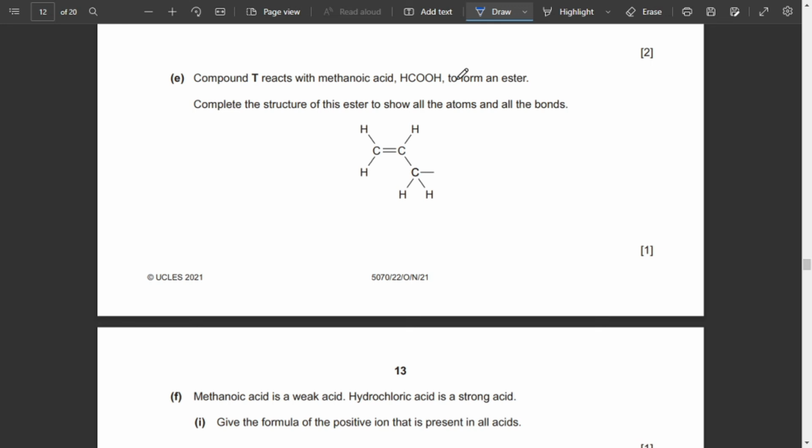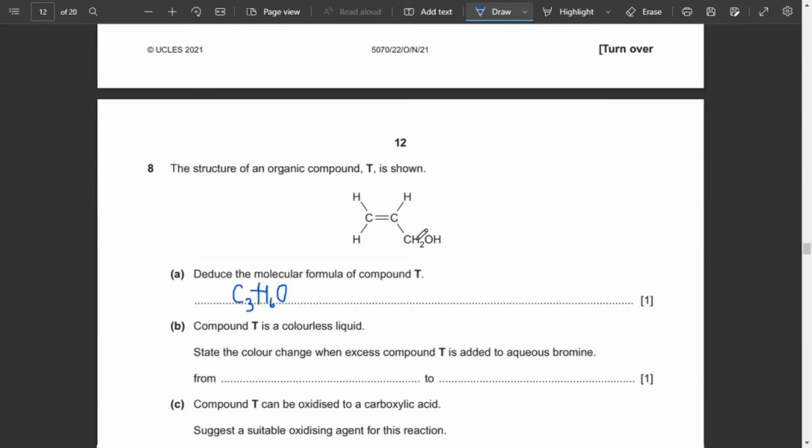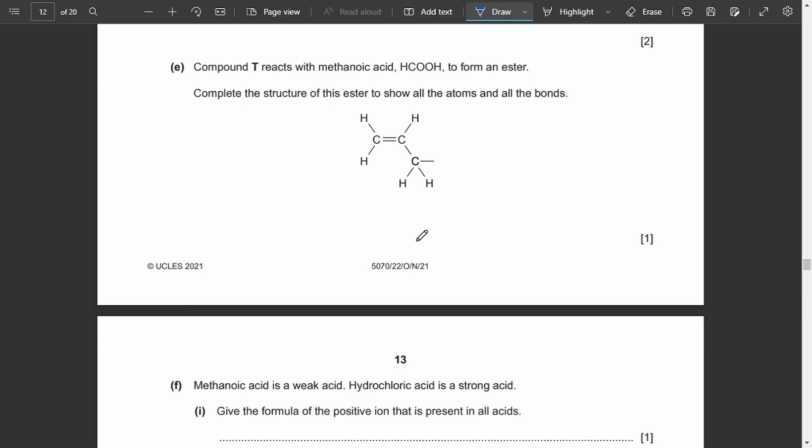So here we have CH, and we need to show the ester bond over here mainly. This is the goal. If we react it with methanoic acid, that means this part.